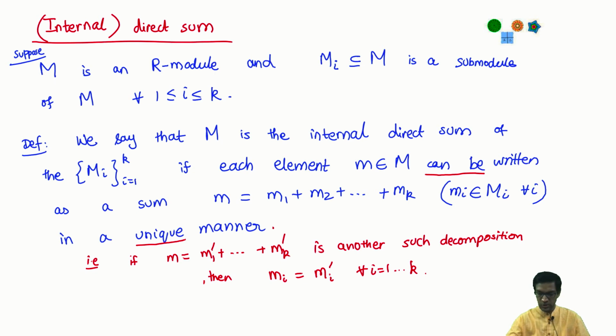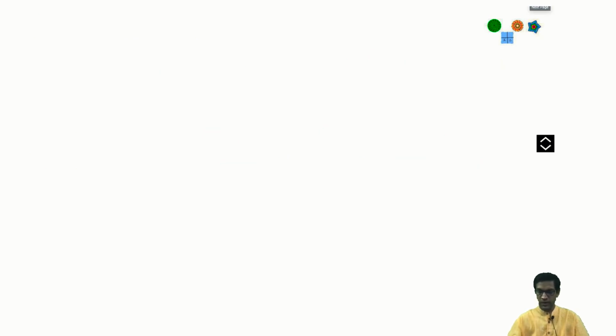Okay, so this is the definition. We say that M is an internal direct sum if every element admits decomposition into a sum of mi's in a unique manner.